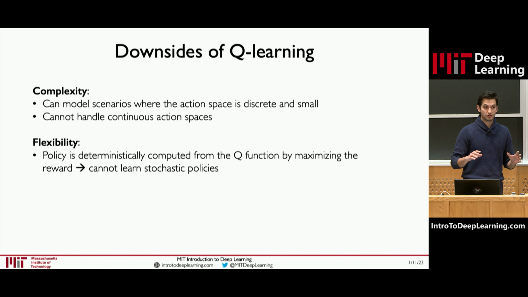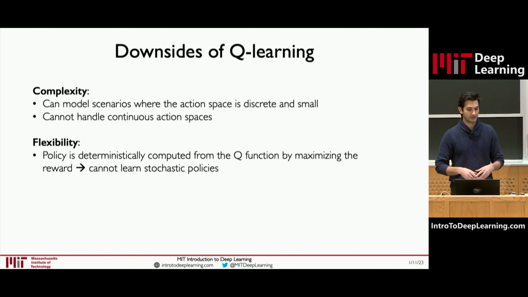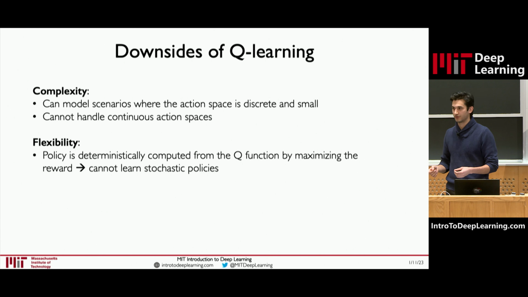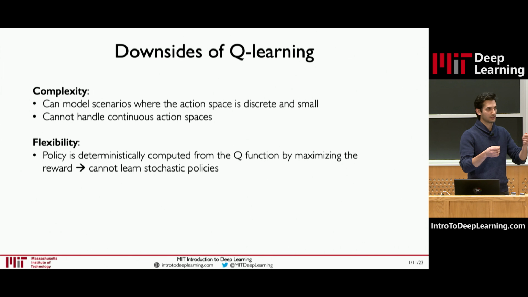Now, there are several very important downsides of Q-learning, and hopefully these are going to motivate the second part of today's lecture. But the first one that I want to really convey to everyone here is that Q-learning is naturally applicable to discrete action spaces, right? Because you can think of this output space that we're providing as kind of like one number per action that could be taken.